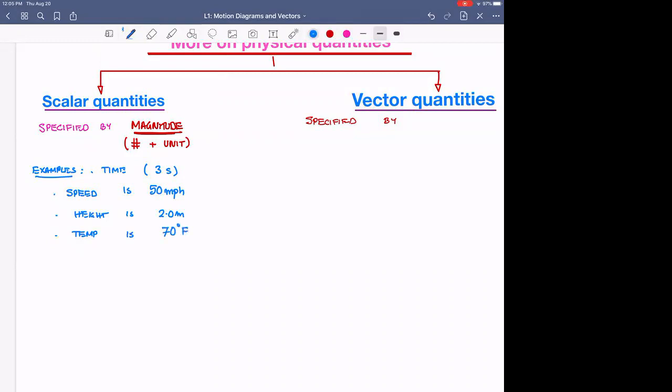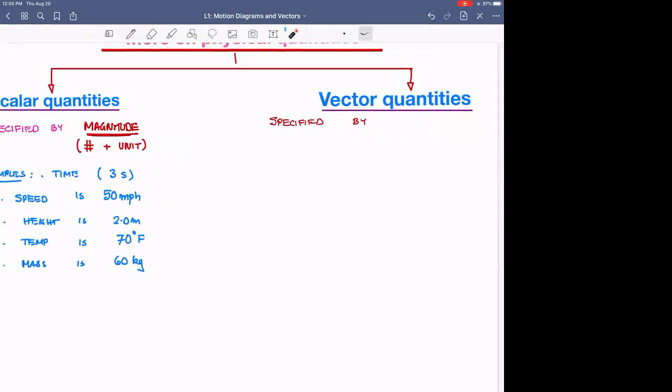That's again a scalar quantity. Or one more: the mass of an object. A person's mass is 60 kilograms. Each is completely specified by a number, 50 or 2 or 70, and a unit: miles per hour, meters, degrees Fahrenheit, kilograms. Now, what are vector quantities?